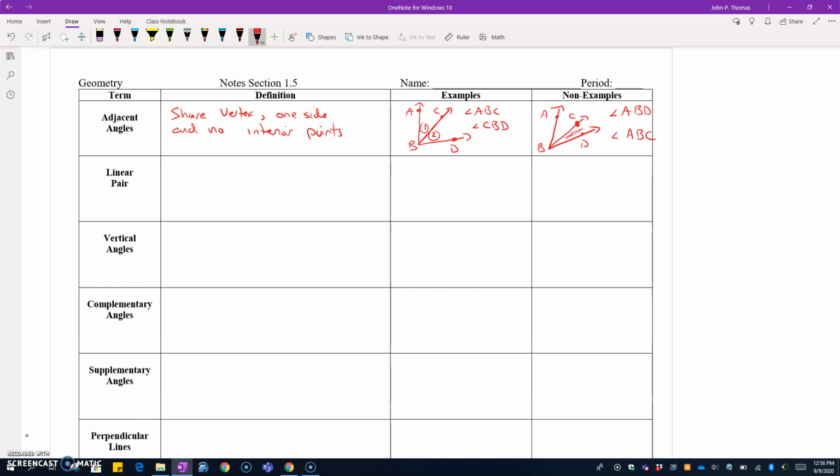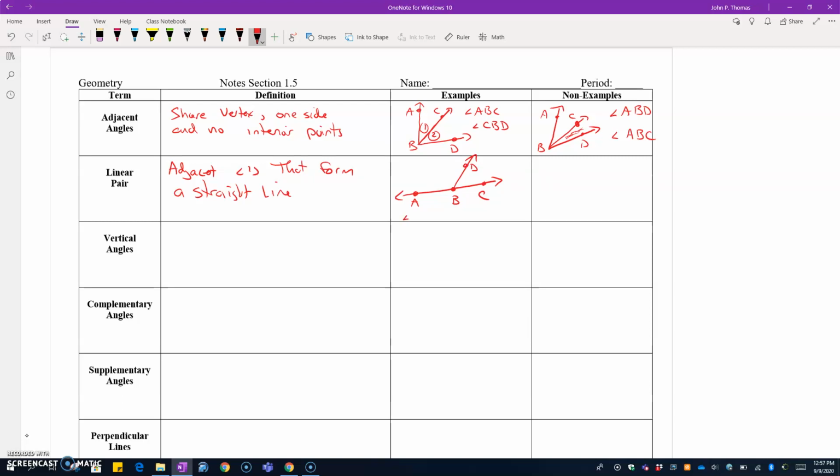All right, a linear pair: these are adjacent angles that form a straight line or a straight angle, whichever way you want to think of it. So this would be an example if I had a straight line here, A, we'll toss a B in there, and C. And the two angles are adjacent, so I draw something like this with a D. Notice how they form a straight line.